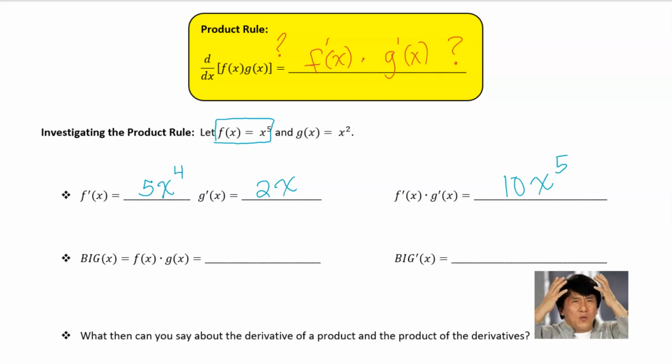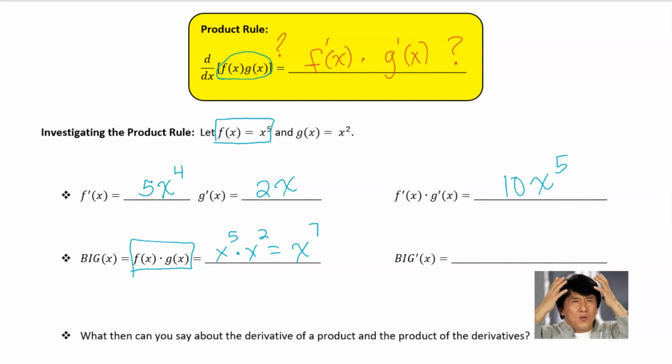Now let's look at f times g as a function. What is f times g? f times g is x to the fifth multiplied by x squared, which is x to the 7th power.